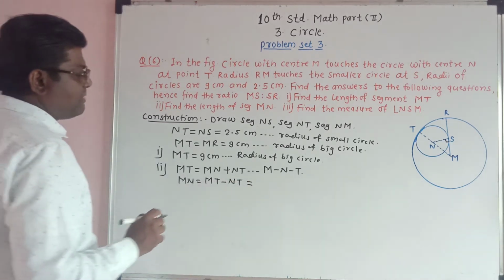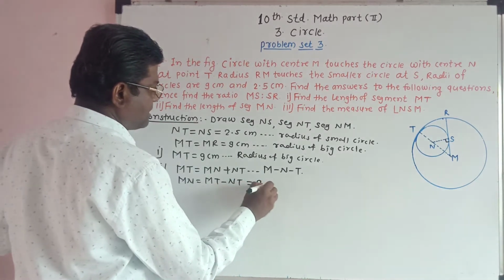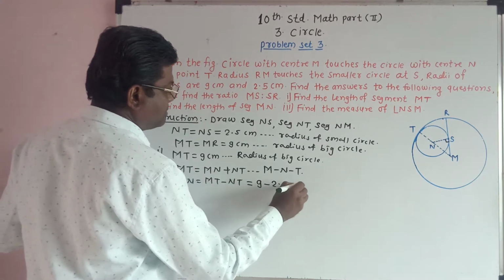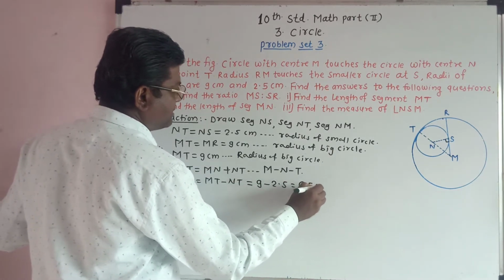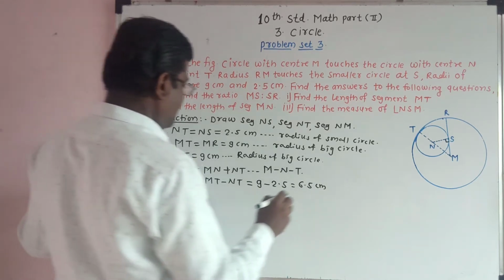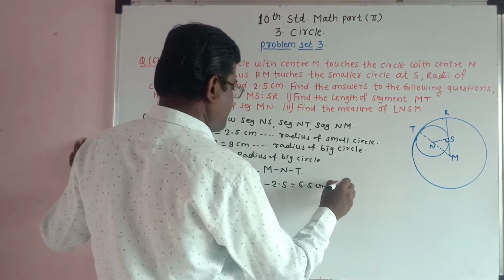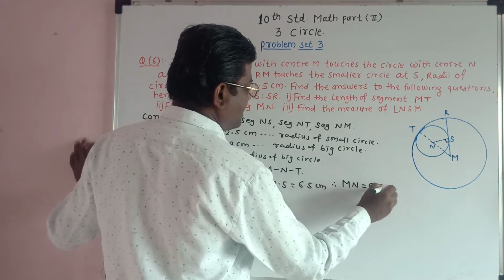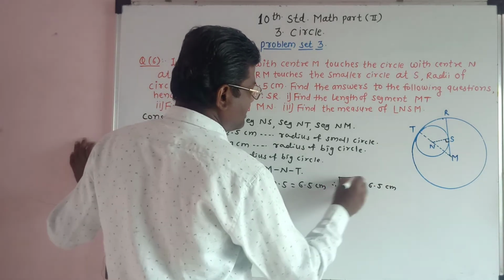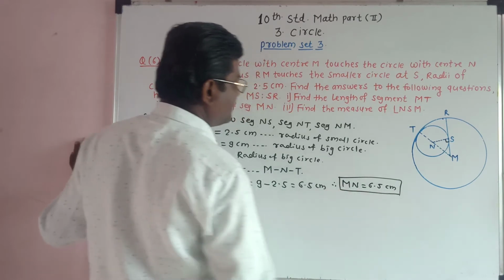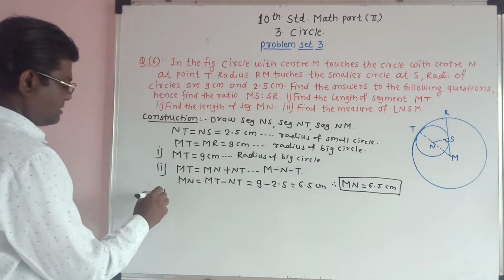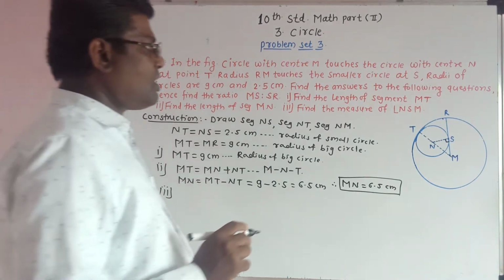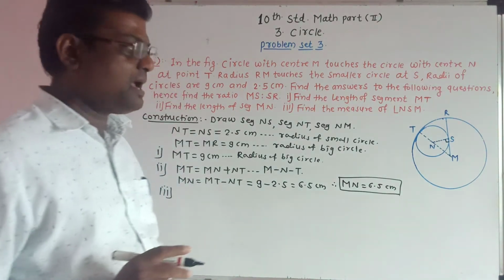So value of MT is 9 and NT is 2.5, which is equal to 6.5 cm. Therefore our second answer MN is equal to 6.5 cm.